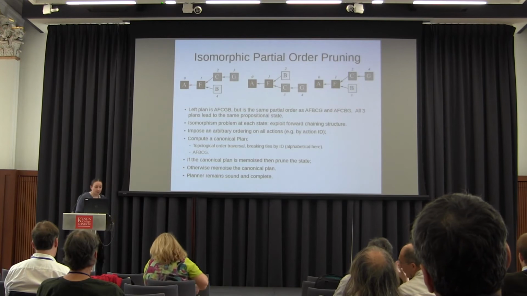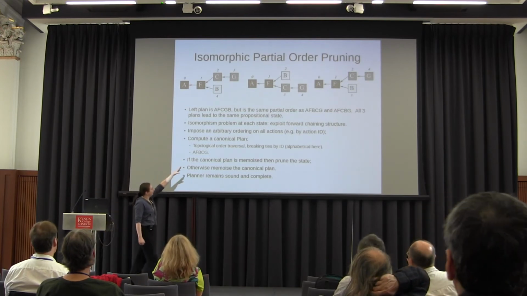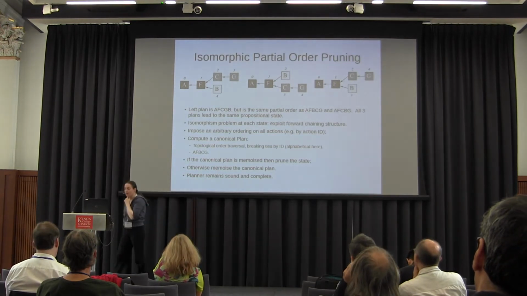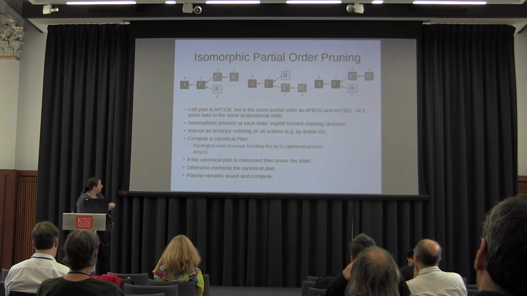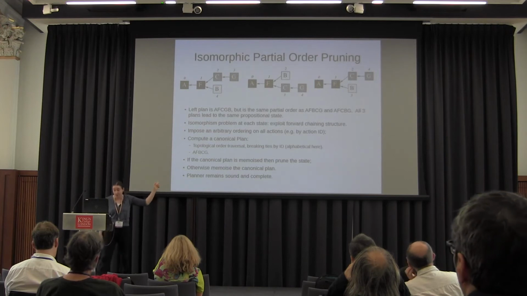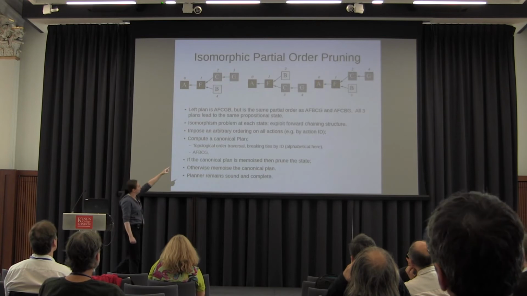So let's start with isomorphic partial order pruning. So these are three plans, suppose they're generated by Hopper. These lettered boxes are snap actions that have been applied. Hopper would consider all three of these to be different plans, because the step IDs of the actions are different.